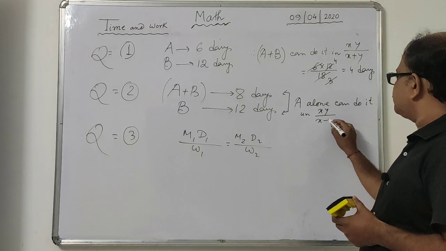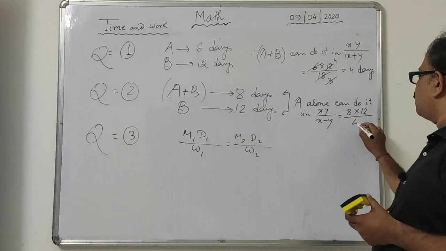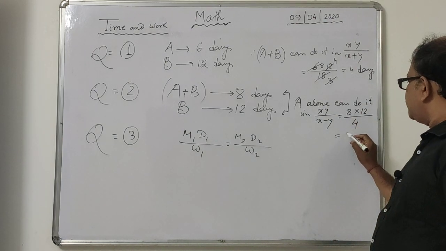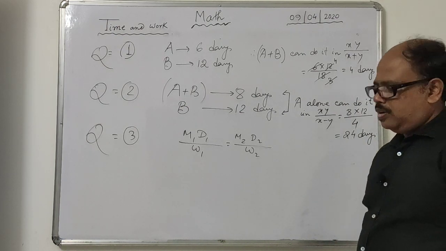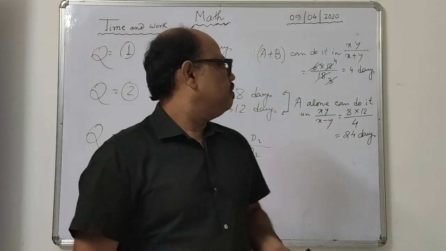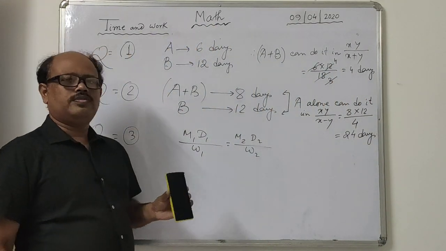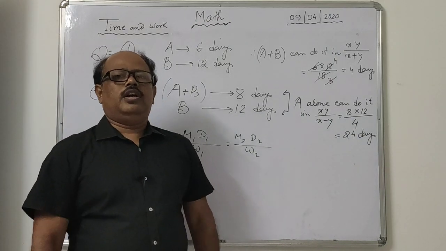Using 8 into 12 by 4, that is after subtracting 8 and 12, you get 24 days. Already question 2 is solved.